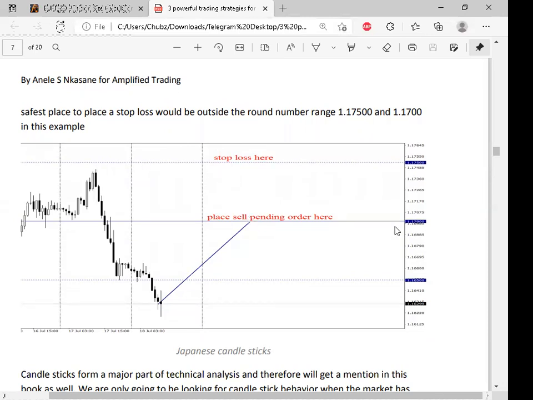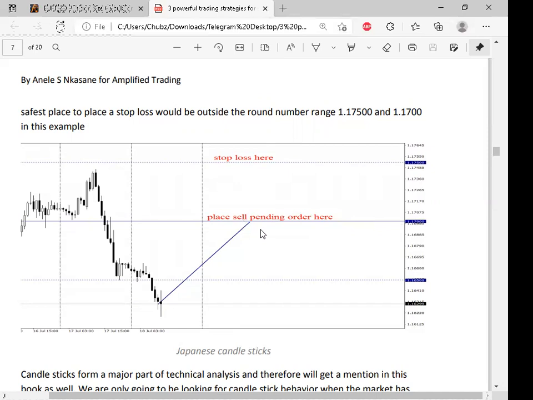Okay, and our sell pending order, which in this scenario is going to be a sell limit, is at 117.00. So if we get the market pulling back up, we already know that if it touches 117.00, then we're in a trade.